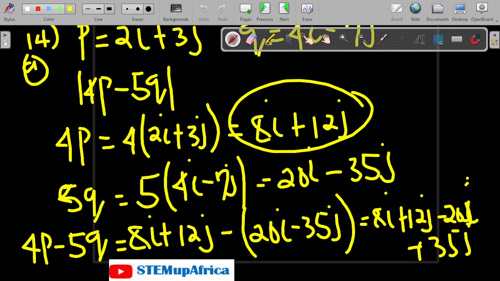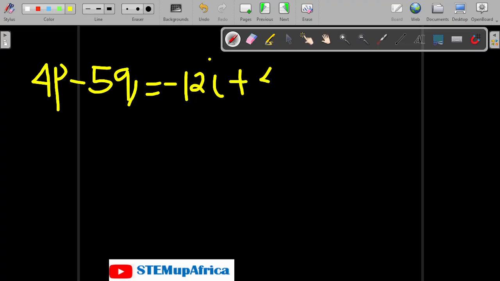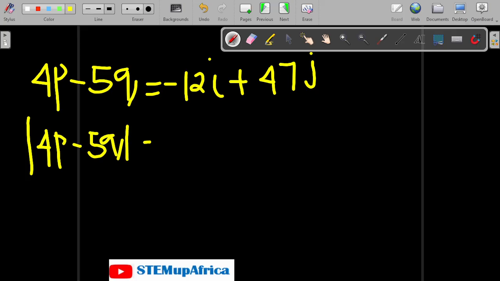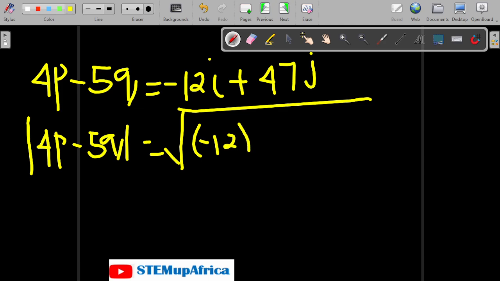Then 12 plus 35 will give us 47j. So my 4p minus 5q now will give us minus 12i plus 47j. So the absolute value of 4p minus 5q will be the square root of minus 12 squared plus 47 squared.